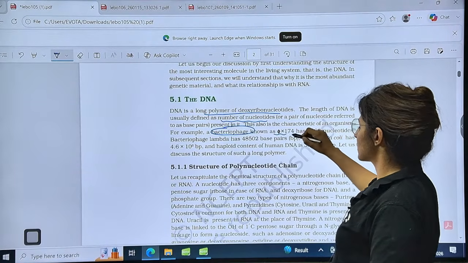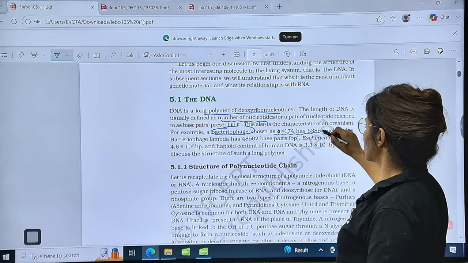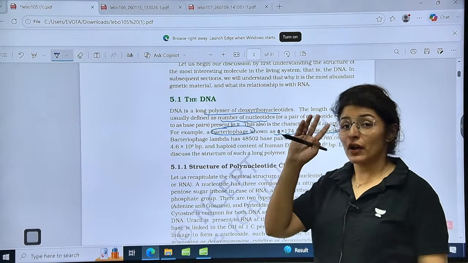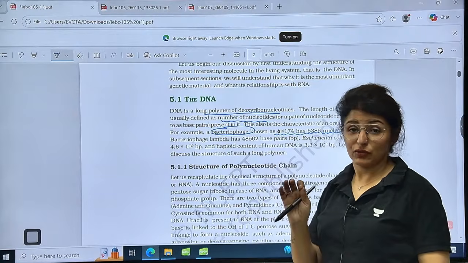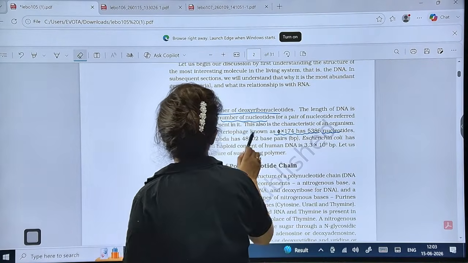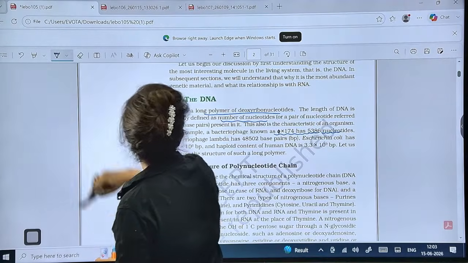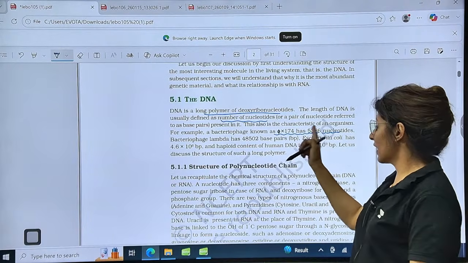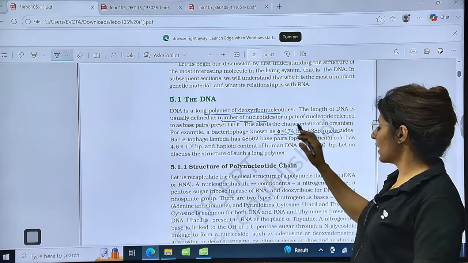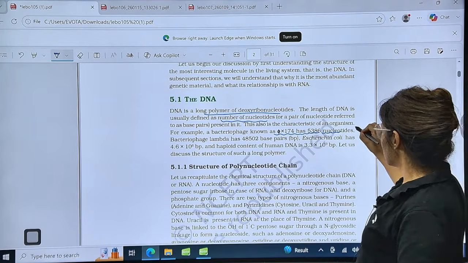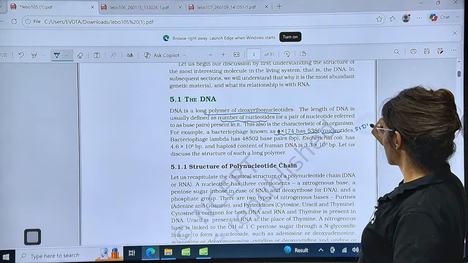In bacteriophage phi X 174, there are 5386 nucleotides. So if this question comes up in match the following, and that is already a PYQ, by the way, how do you have to remember this? For 5 and 5, so that's how you remember. Phi X 174 has 5386 nucleotides. So having nucleotides means it has single stranded DNA.